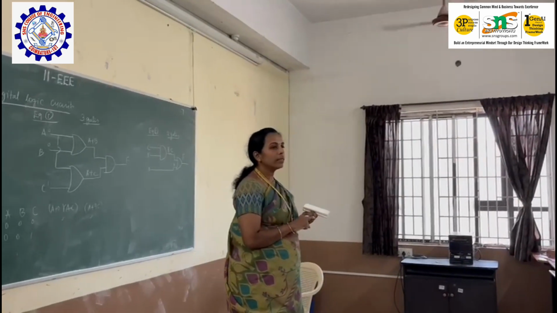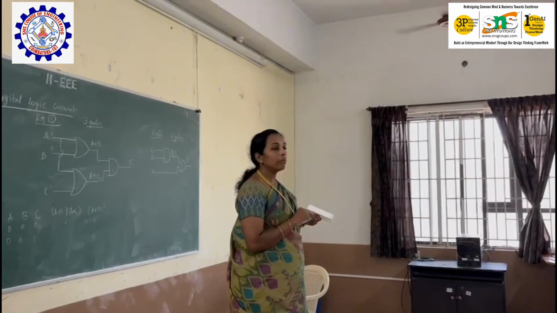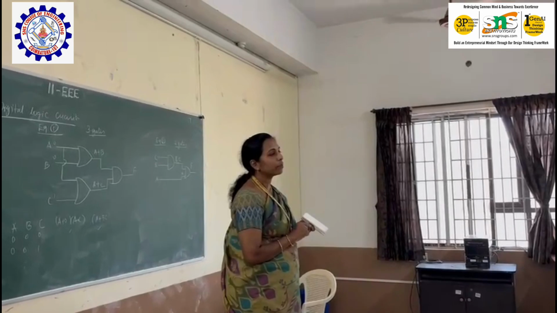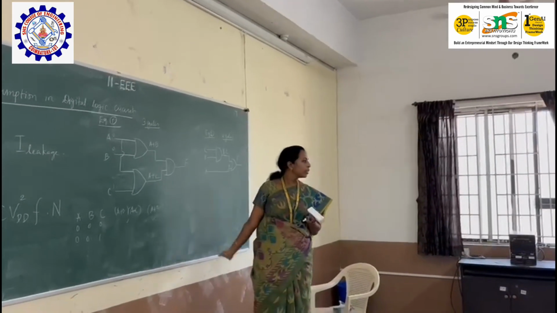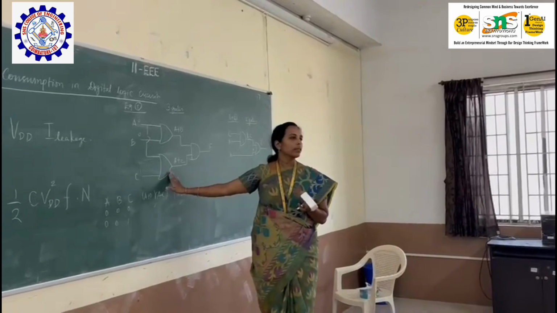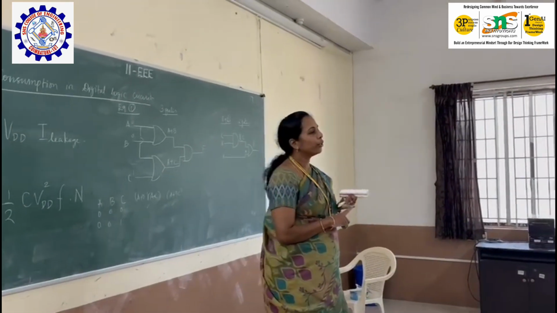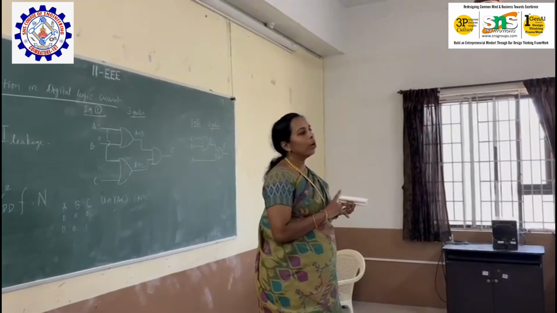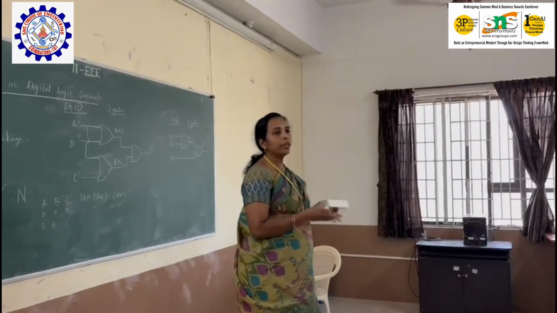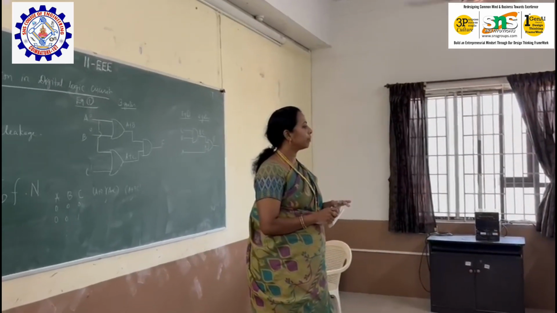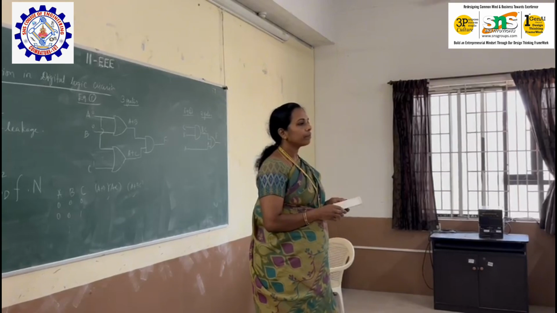Since as electrical engineers we are much concerned about power consumption, we always prefer simplified circuits rather than enlarged circuits. That is why we use Boolean laws, K-map or Quine-McCluskey method to reduce a Boolean expression. Okay, thank you.